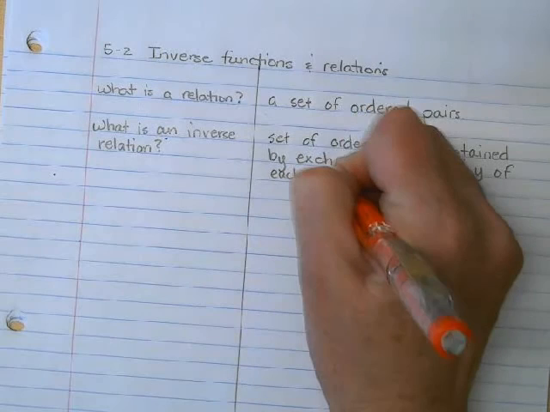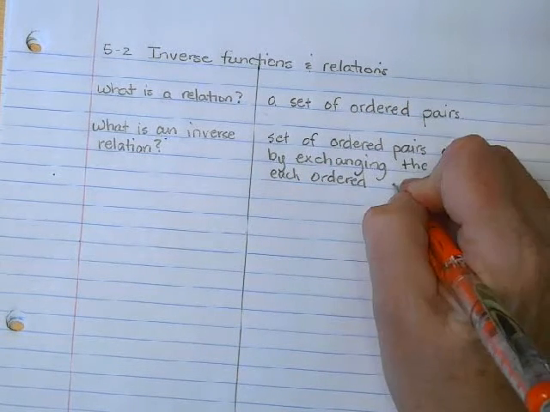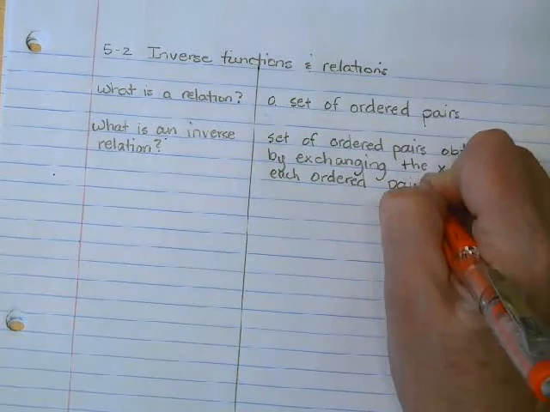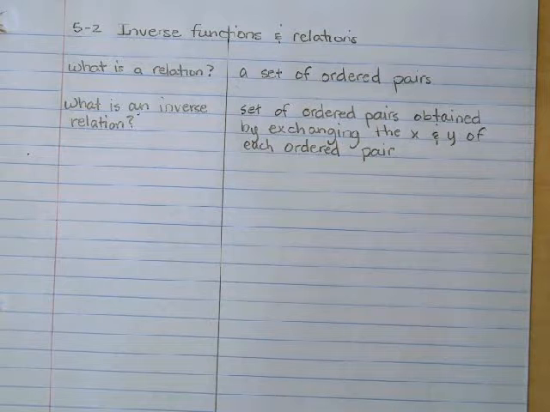So again, it's not hard to find an inverse relation. You just have to remember what you're supposed to do. Every time you hear inverse, inverse function, inverse relation, I want your brain to go switch x and y. You're going to see it in lots of different ways, but if you can remember switch x and y, you're set.